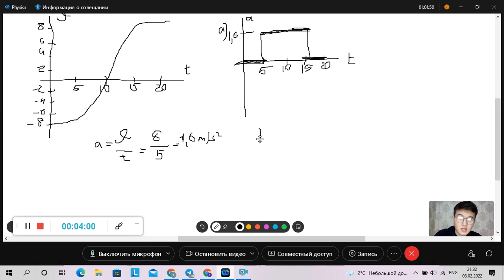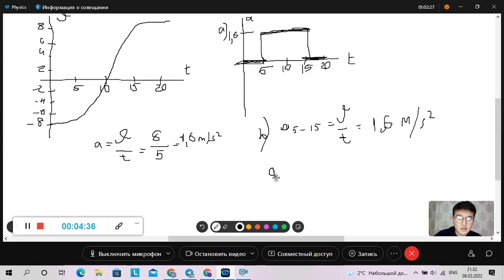Okay, this is A. And the B question. We need to find the acceleration from 5 seconds to 15 seconds, which is velocity over time. As we know, from 5 to 15 seconds the acceleration will be 1.6 meters divided by second squared.